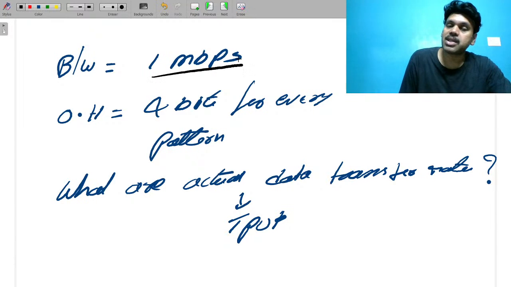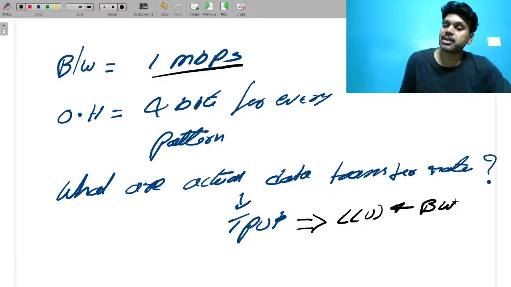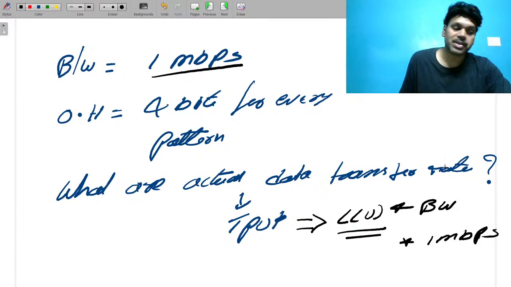Your capacity is 1 Mbps. Can you send 1 Mbps? No. My throughput is going to be reduced. It depends on the link efficiency times your bandwidth. So how to compute the link efficiency? Bandwidth is already mentioned, 1 Mbps.